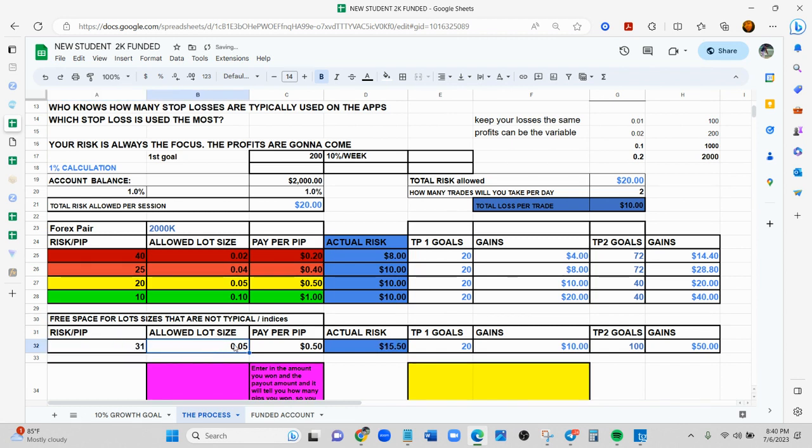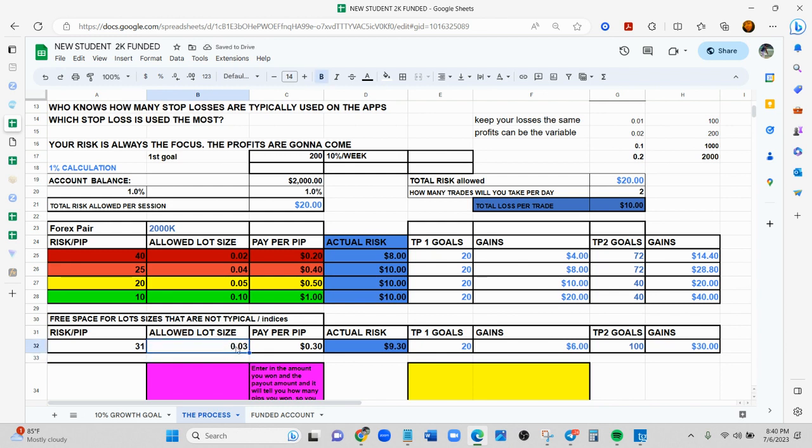Since we had the 0.05 in there last, it says, hey, if you take this trade with a 0.05, you're going to be risking $15.50. So in this case, we will have to bring our lot size lower until we get into those parameters of $10 and less. So we do a 0.04, it's $12.40. If we do a 0.03, it's $9.30.